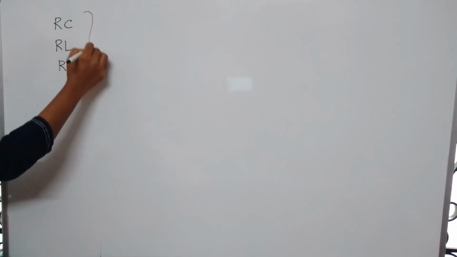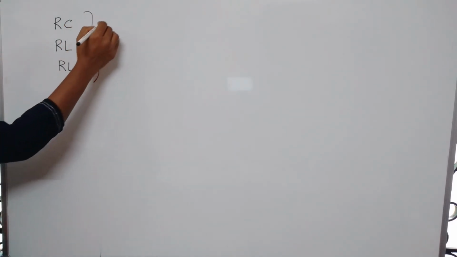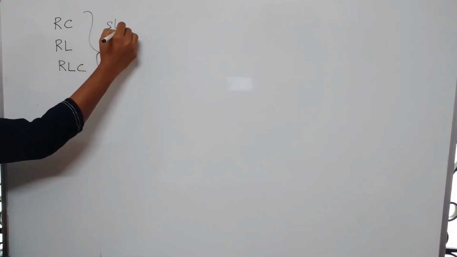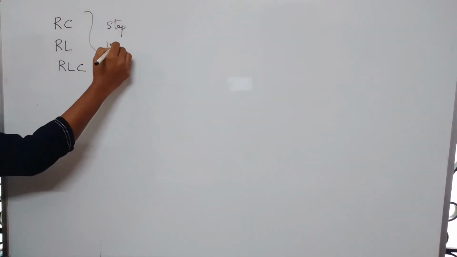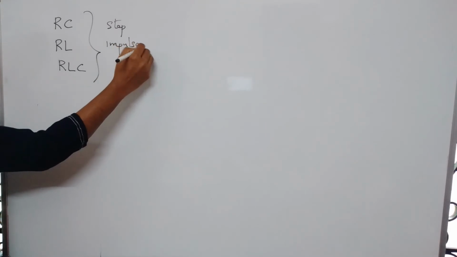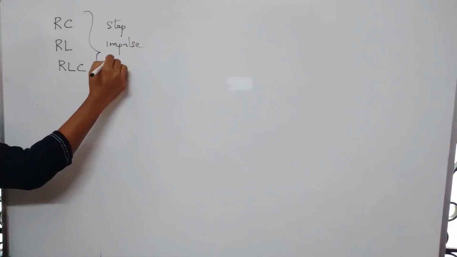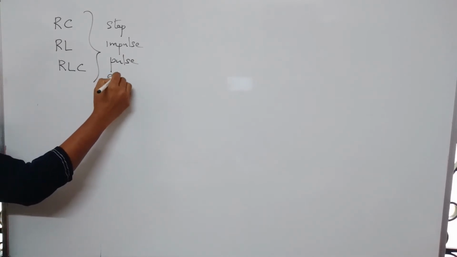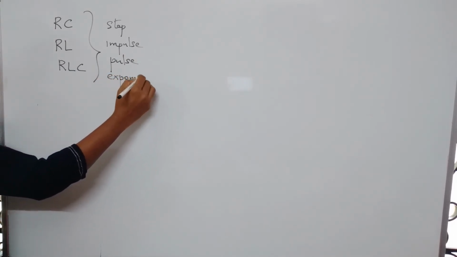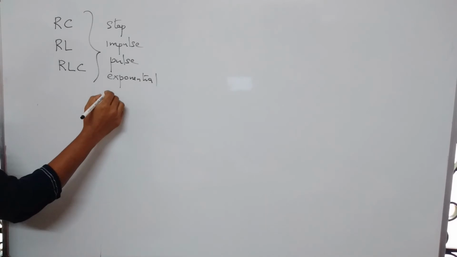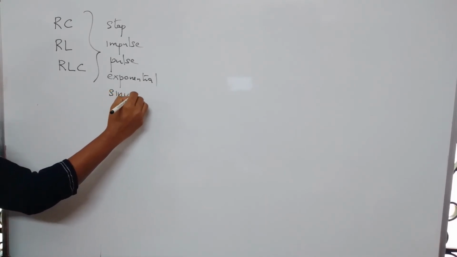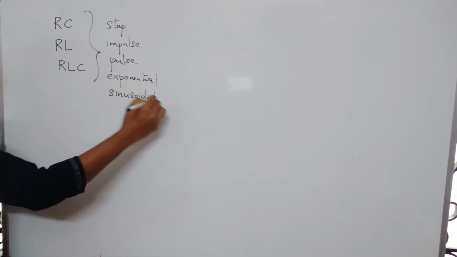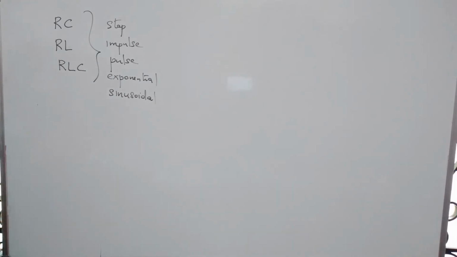We are going to analyze these three types of circuits for step input, impulse input, then pulse input, exponential input and sinusoidal input. Okay, so this is what we have to cover next.